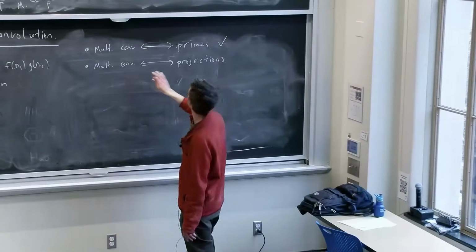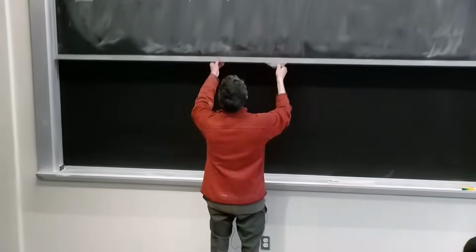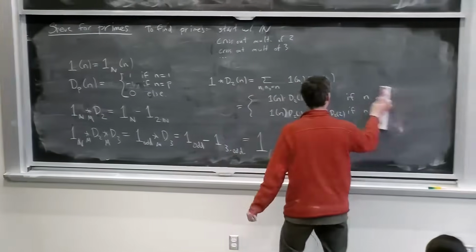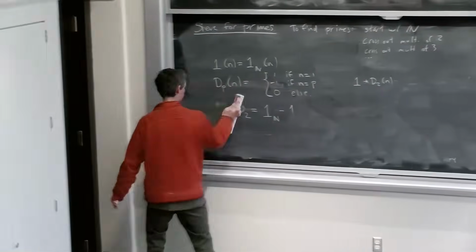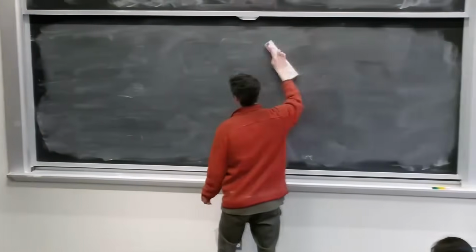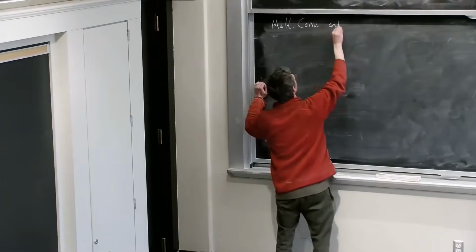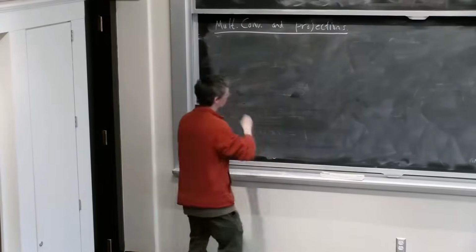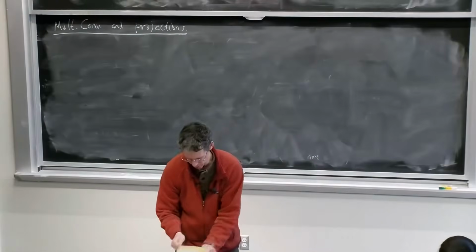Next, let's think about how multiplicative convolution is related to projections. So here there are a bunch of different fairly simple lemmas.